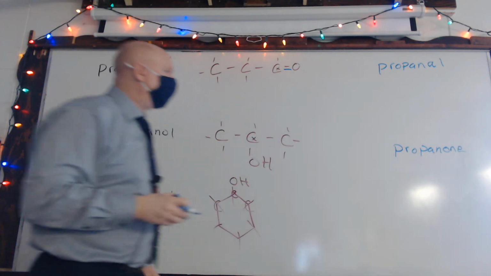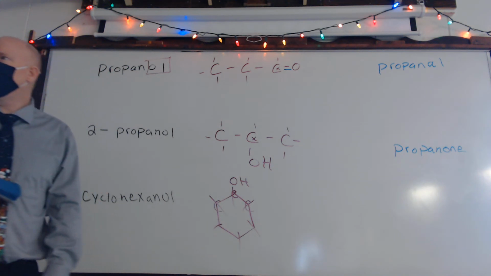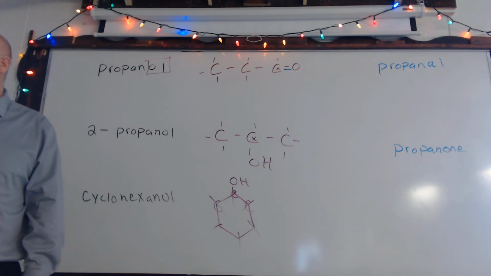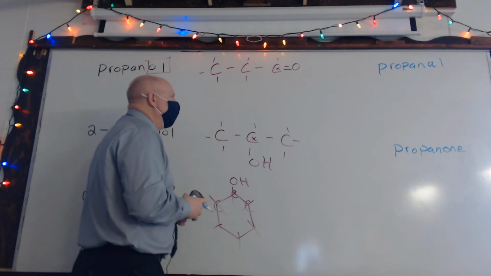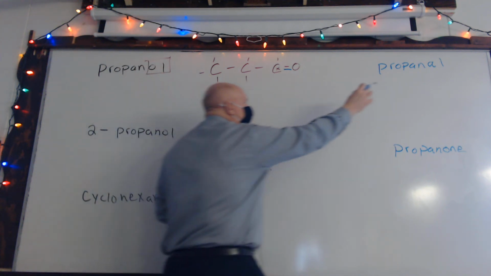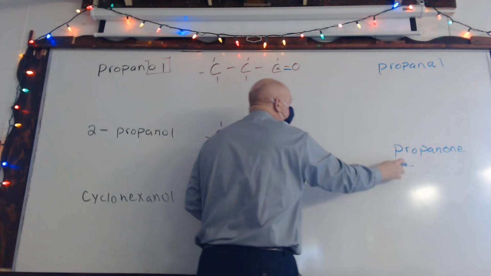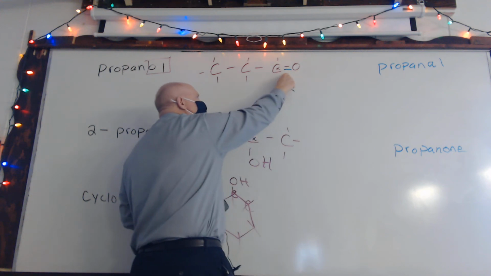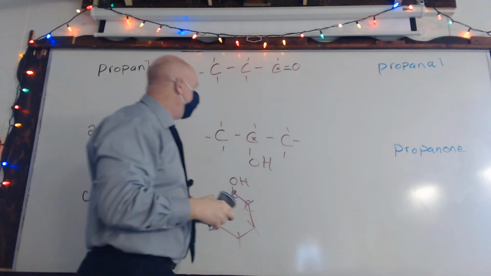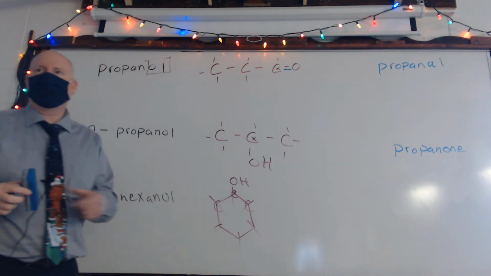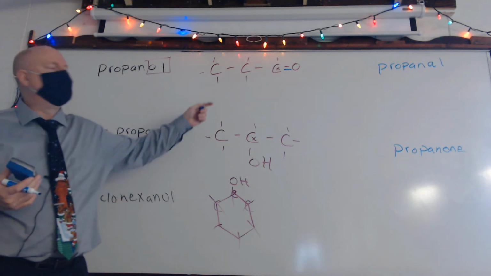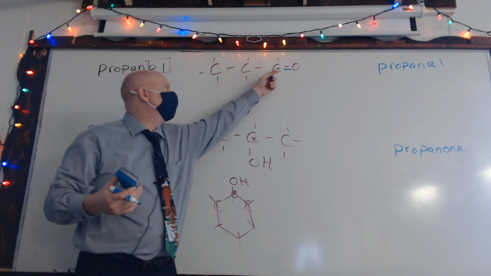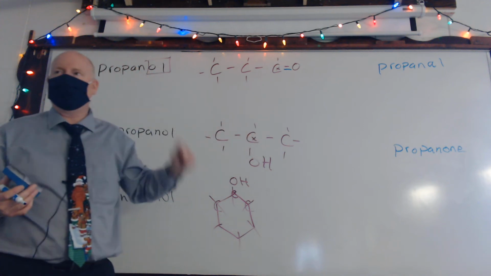Because when we look at the suffix of acetone, it also ends in -one. So if these are closely related, which they are, this has a double bond to oxygen where the X was. What do you suppose is going to happen to this one? If we put a double bond to oxygen on that X, what would we do with this one?